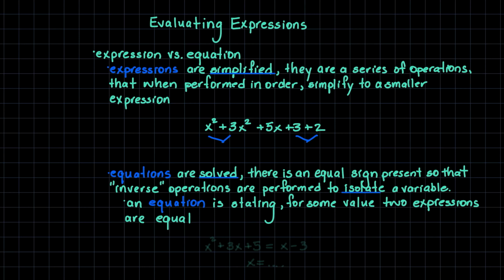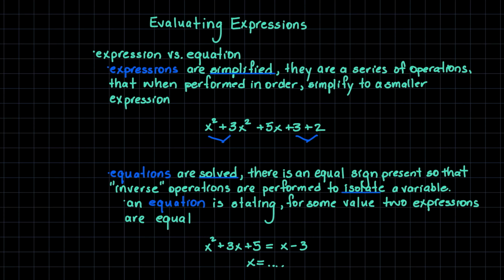So for example, if I had x squared plus 3x plus 5 equals x minus 3, this is now an equation, and I have to perform inverse operations on both sides, and I'm going to end with something like x equals whatever value makes those two expressions equivalent.